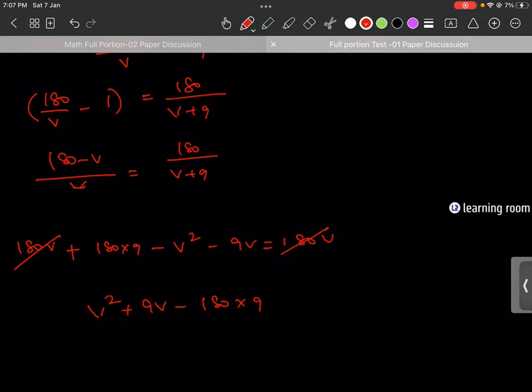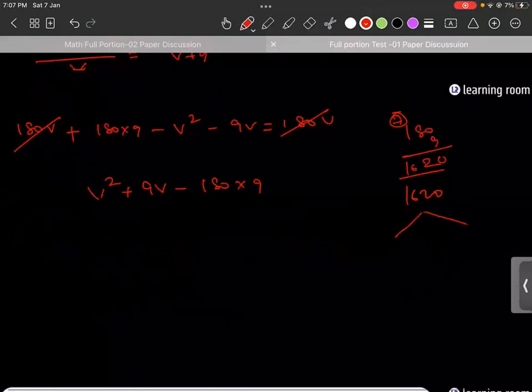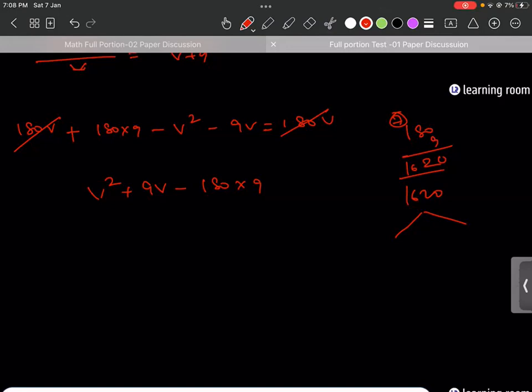Sir, I couldn't find the factors. I got v square plus 9v minus, what is 180 into 9? 1620. So for 1620, the factors, you should get the sum as 9, no? So they are 45 and 36. 45 and 36 is working.